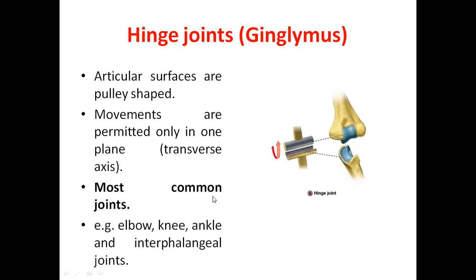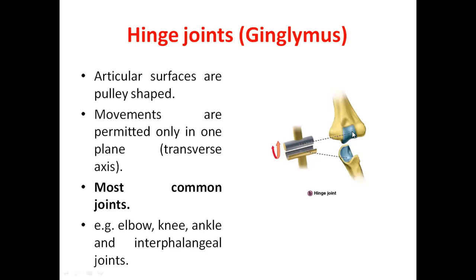In this variety, the joints move like a door on one axis. When we close the door or open the door, in one plane, one type of movement is seen in this type of joint.